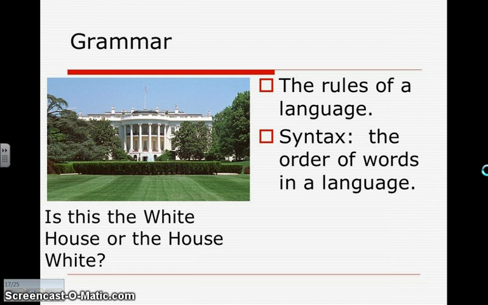Yes, they can understand words. Yes, they can sometimes understand sentences, even complex sentences, but do they have the capacity for understanding and knowing grammar? That's one of the key elements that we're going to look at and that the experts look at when they try and figure out whether animals actually have the ability for language.